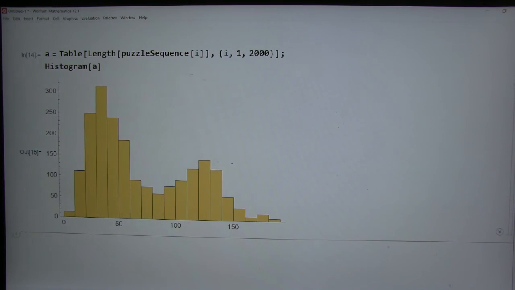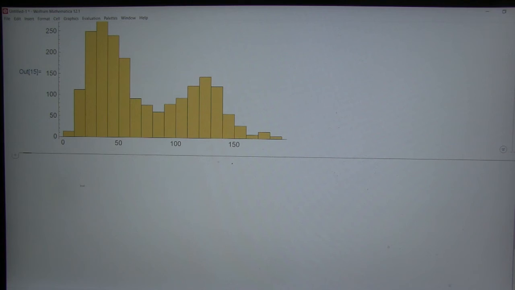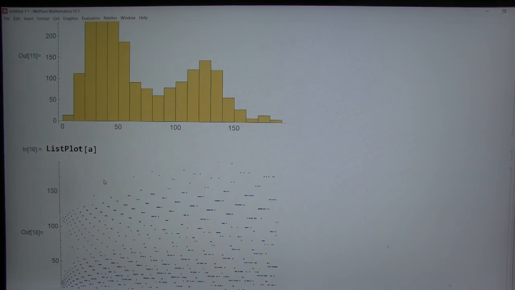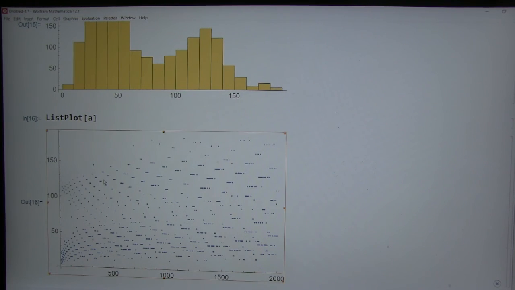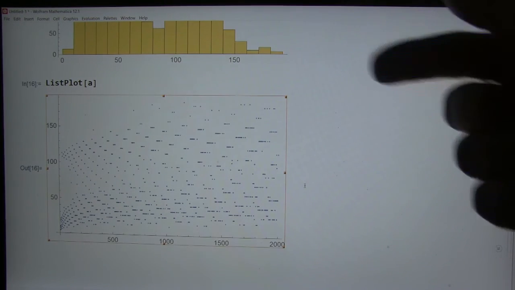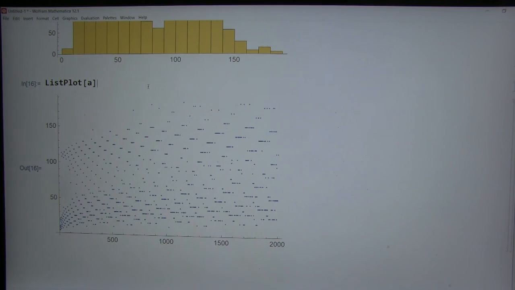Okay, go back, and scroll down and do ListPlot A since we already have the 2,000. Let's see what the list plot looks like. Alright, so we start... Yeah, just pull that up just a little bit. Okay, perfect. So, tell me about what you see here.